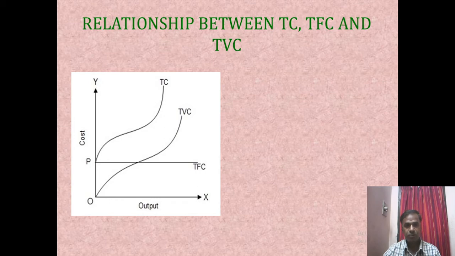Initially, these both cost curves increase at a decreasing rate because of increasing returns to factor, and lastly they increase at an increasing rate due to diminishing returns. So the shape of TC and TVC is S-shaped.